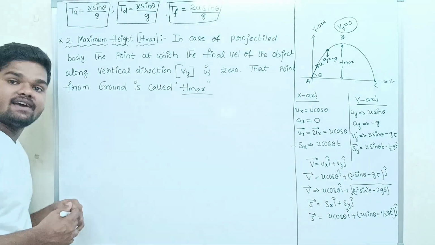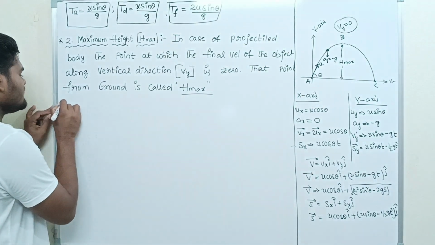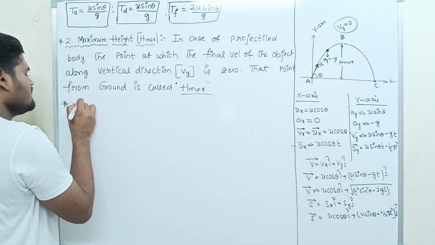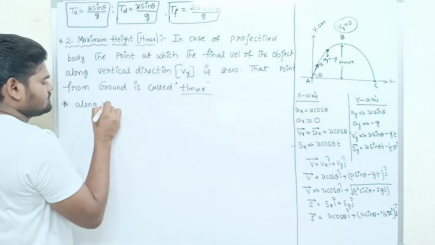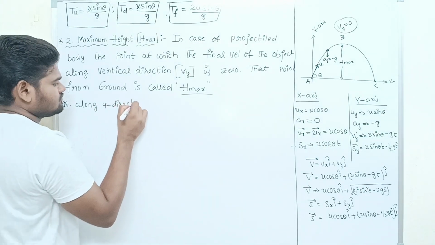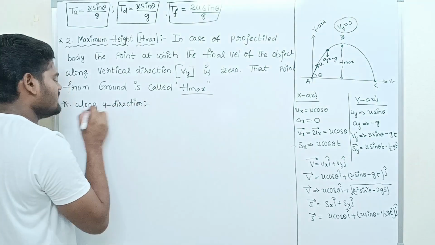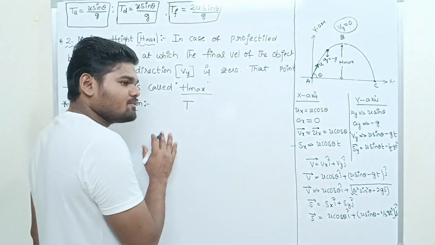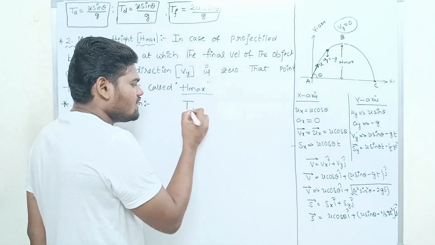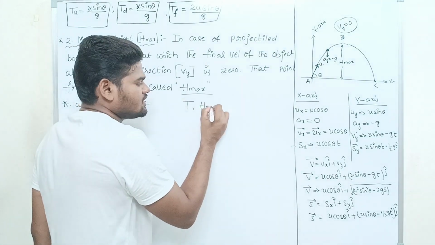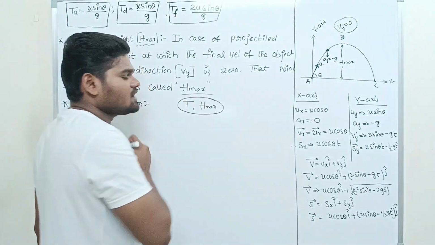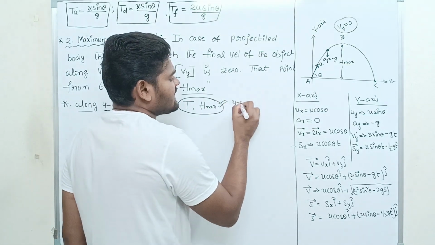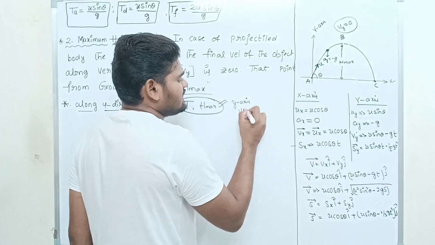Now I'm going to solve the equation of maximum height. Have a look. We are talking about maximum height from the ground, which means along the y direction. Always remember that whenever you are finding the equation for time of flight, time of ascent, time of descent, or maximum height, H maximum, for these you must take only the y axis components, the vertical components.